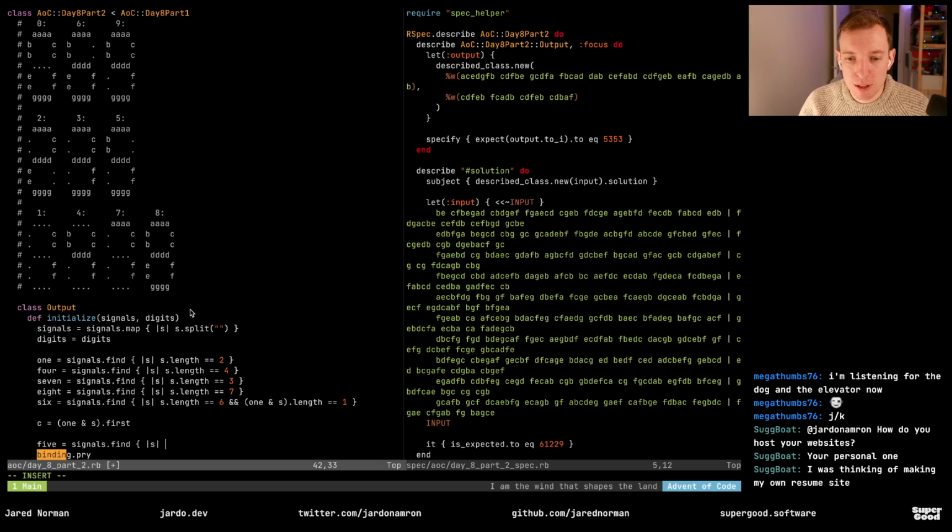I'm sure there's some smart person strategy for this, but we're just gonna think really hard and encode our thinking into the code. So signals find S, where S length is 5 and S includes C. No, doesn't include. We're not S includes C. 2 of them will include C.